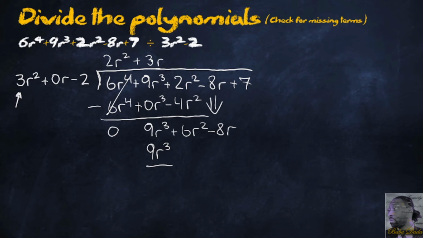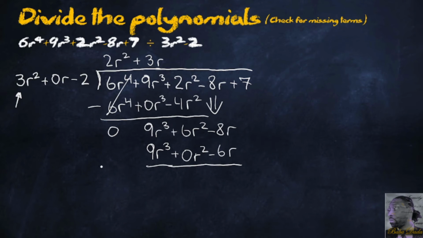Now we've got to multiply this 3r by our 0r. So that would be plus, 3 times 0 is 0. r times r is r squared. And then we've got to multiply this 3r by negative 2. So 3 times negative 2 is negative 6. And then r times 1, that would be bringing down the r.